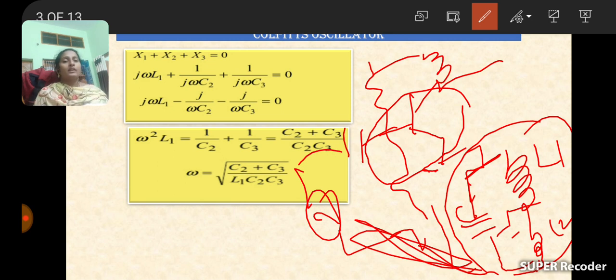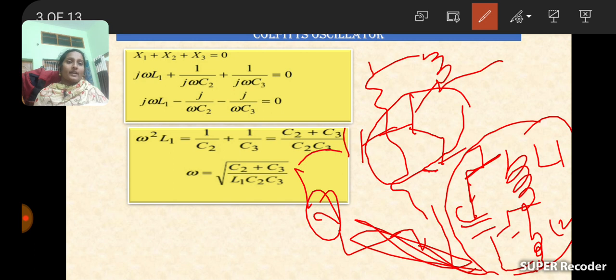So in the Hartley oscillator, the tank circuit is made with two inductors and one capacitor. Here the potential divider biasing network is made with resistors R1 and R2, and it provides proper biasing and stabilization.